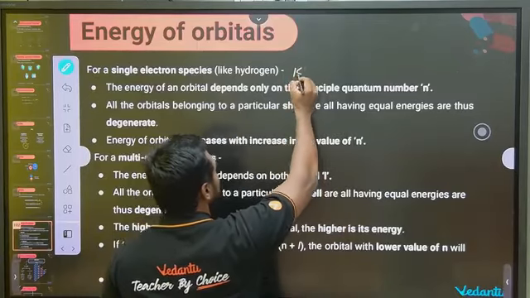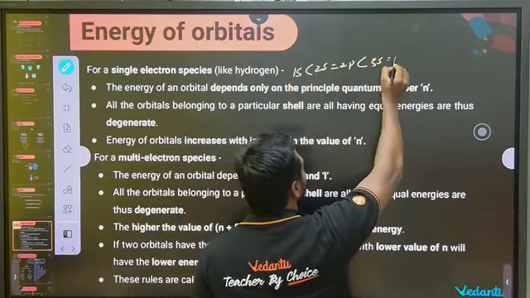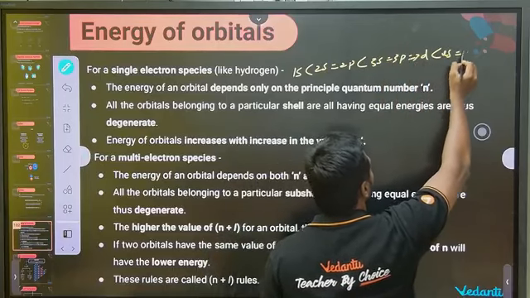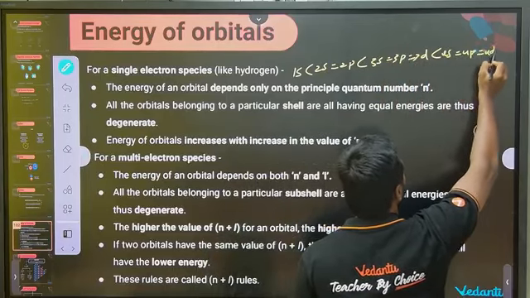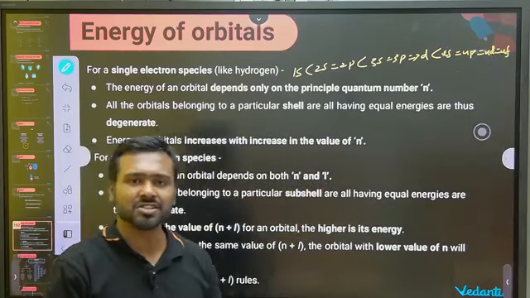So 1s, then 2s equals 2p, next 3s equals 3p equals 3d, next 4s equals 4p equals 4d equals 4f. This is for a single electron system.